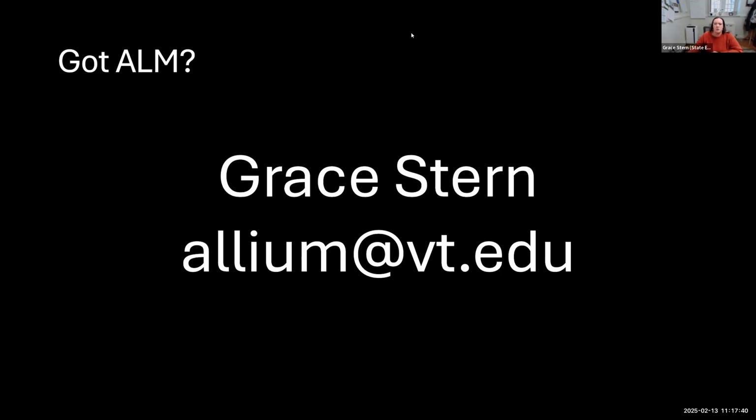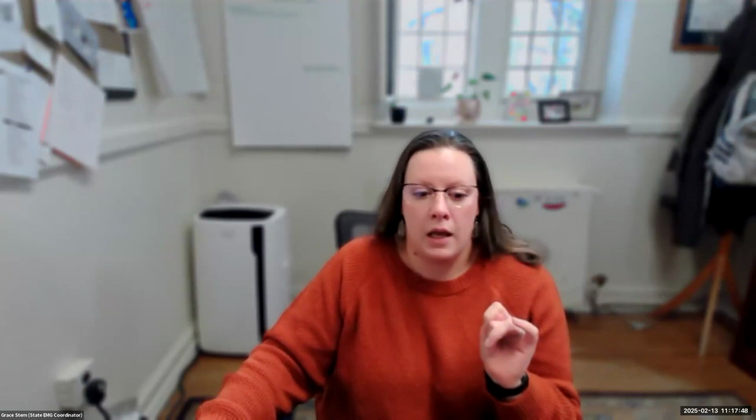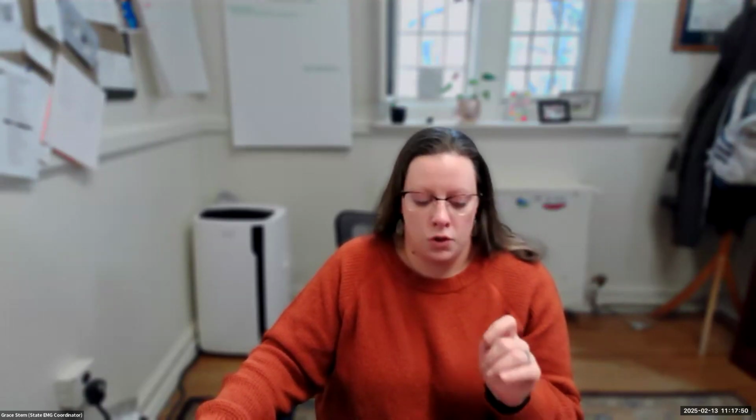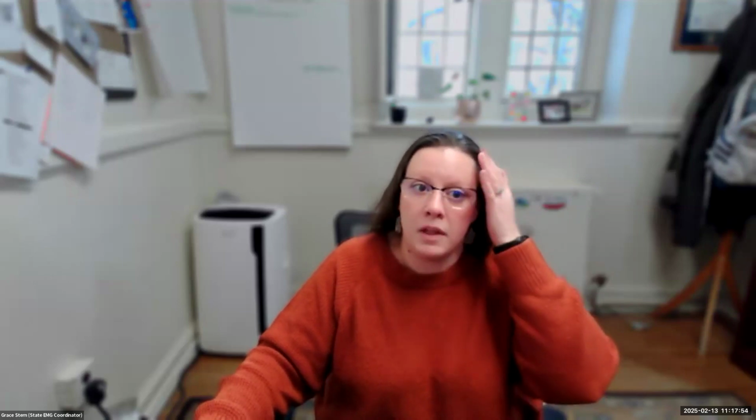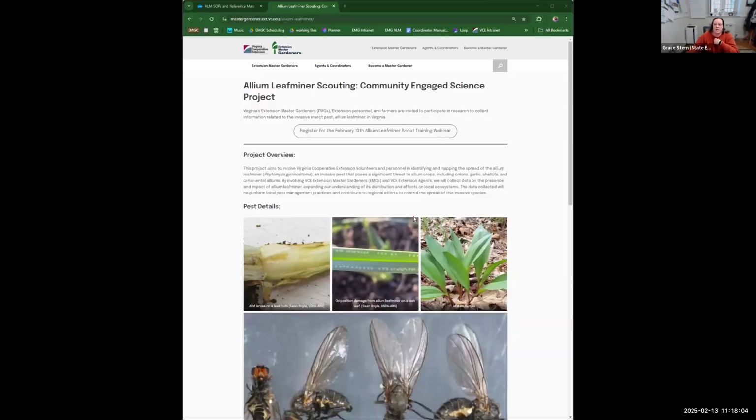I am going to stop sharing my PowerPoint screen here, and I'm going to open a web page for Allium Leafminer in Virginia. So I'm going to share my screen again. So this is on the State Extension Master Gardener website.